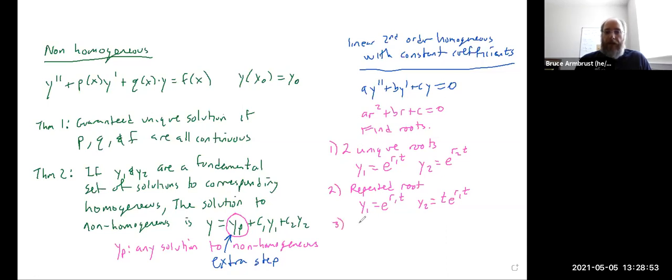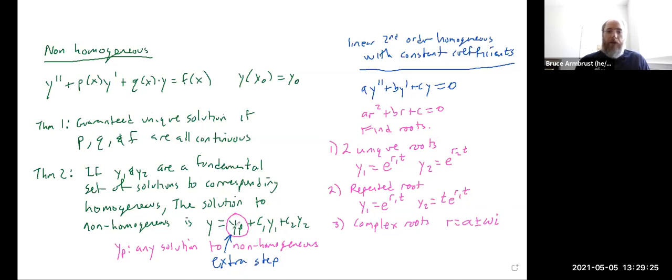All right, and then the third case was complex roots, right? And in this case, we're going to have r equals, I think they used omega in this book. If not, I'm going with it. So these are the alpha plus or minus omega i, right?